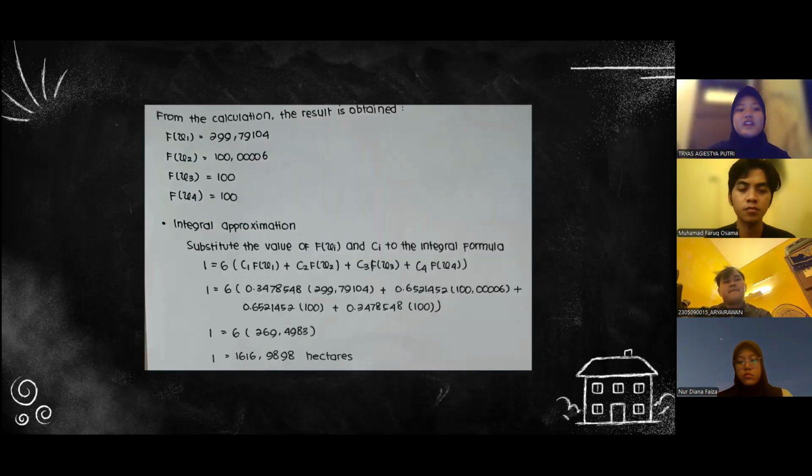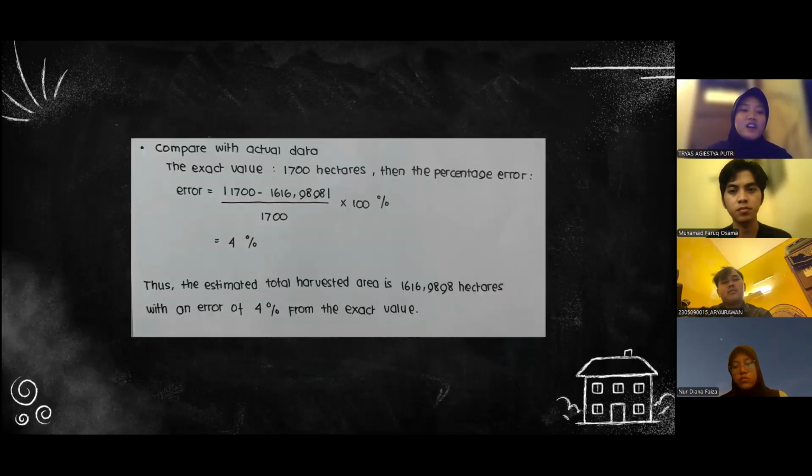After getting the values of f(x1) to f(x4), we input the values of f(x) and c into the integral formula. So the result of I is equal to 1,616.9898 hectares. Then we compare with the actual value.